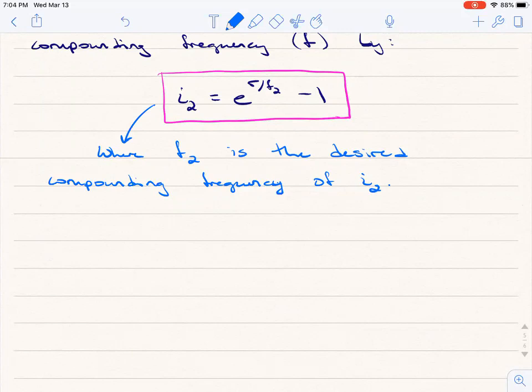Or what if we want to go from some compounding frequency to a continuously compounded rate? We can move that way as well.